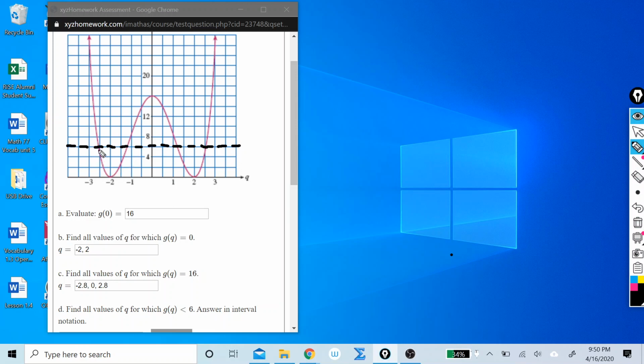We're actually after the values below this line, less than 6. So that would be the equivalent of an open circle here, open circle there, open circle here. It's hard to draw with the mouse, but I'm getting there. And it will be everything along this curve here.